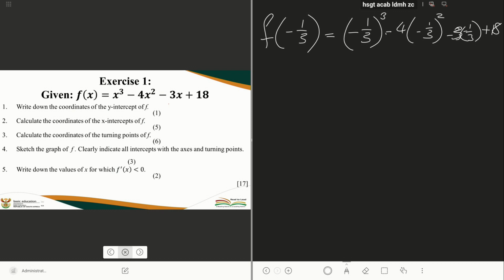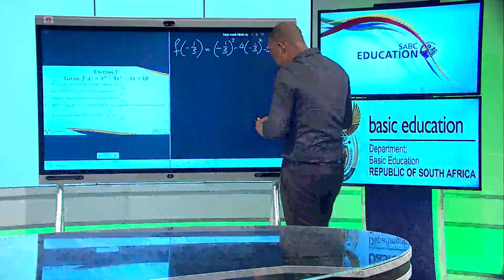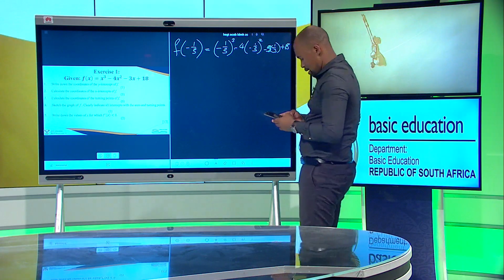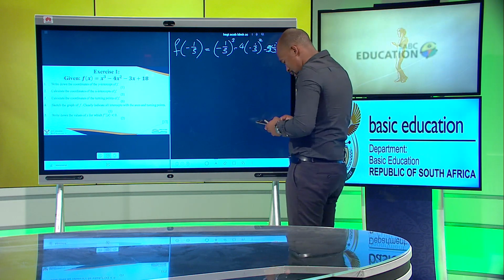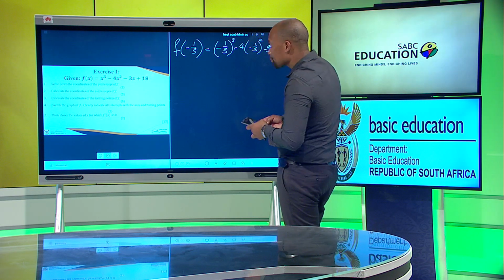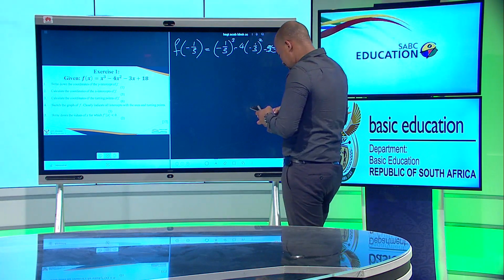So going back there, we're going to have negative 1/3 cubed minus 4 times negative 1/3 squared minus 3 times negative 1/3 plus 18.